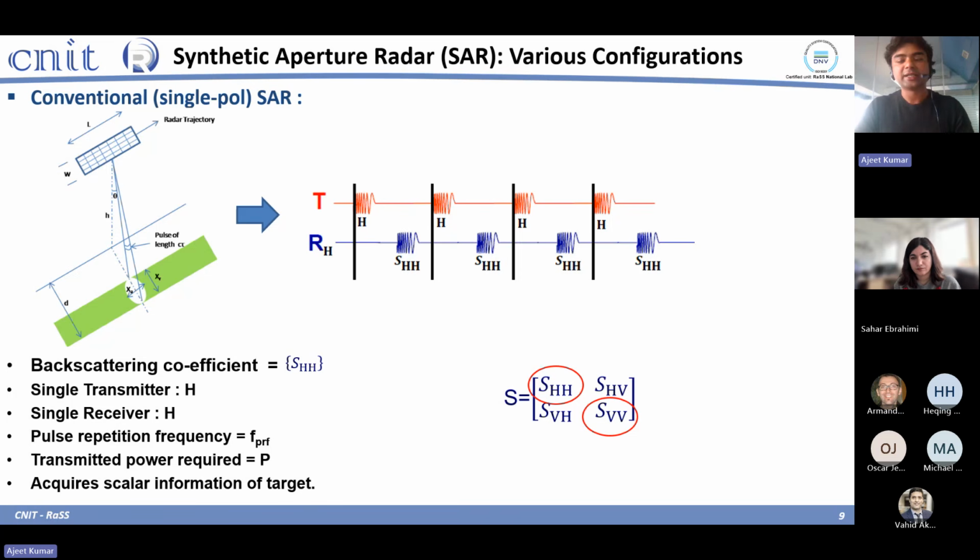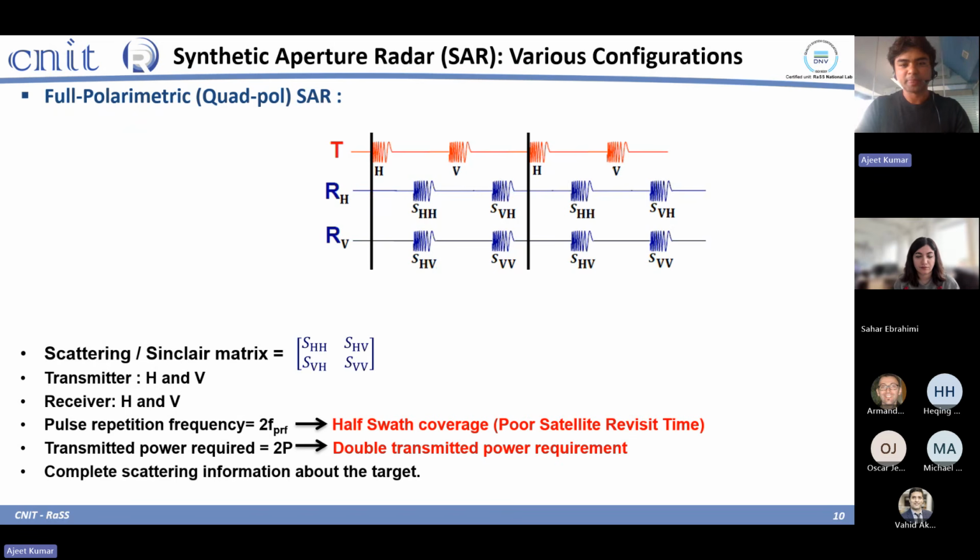That's why it was very difficult with single polarimetry to characterize all the targets and to do a lot of SAR applications. And that's why researchers switched to the full polarimetry mode, where they try to acquire all possible information by using the synthetic aperture system.